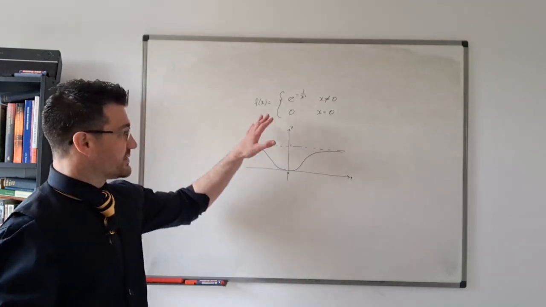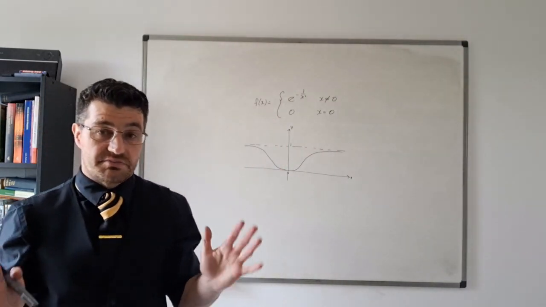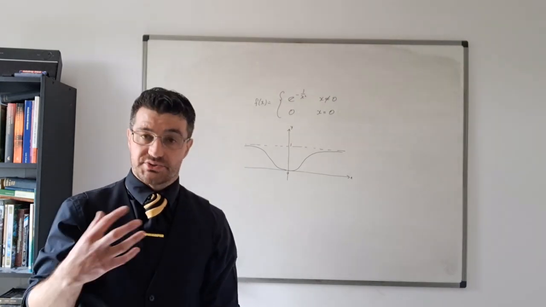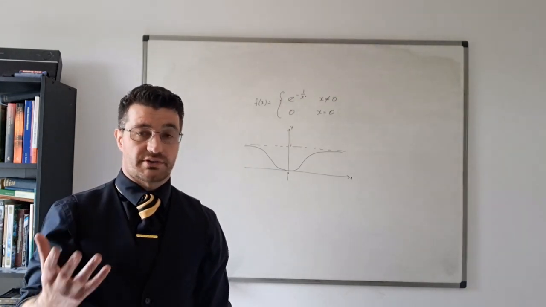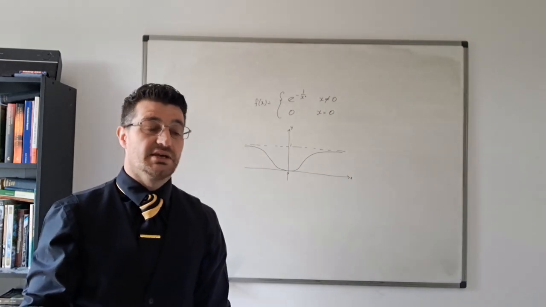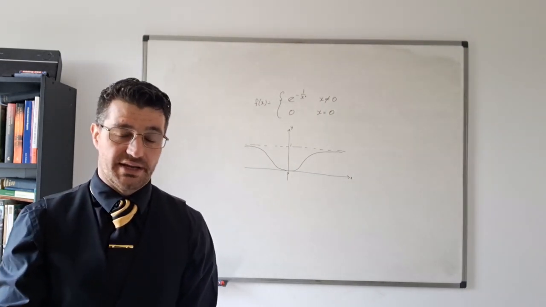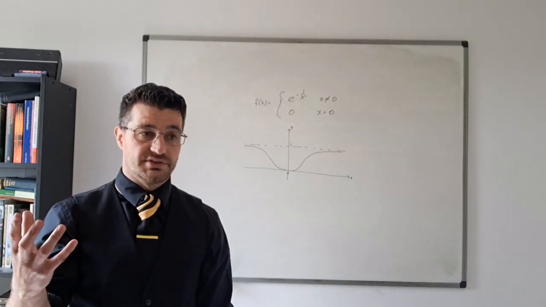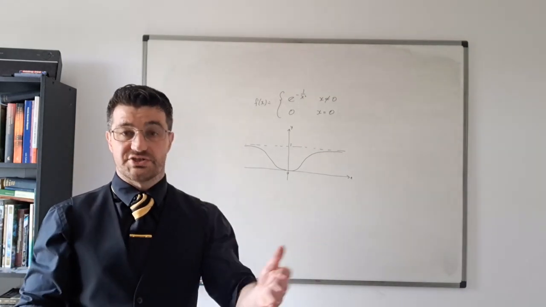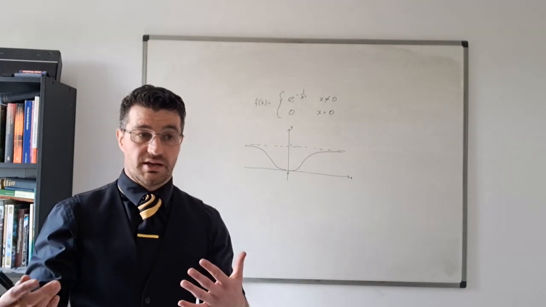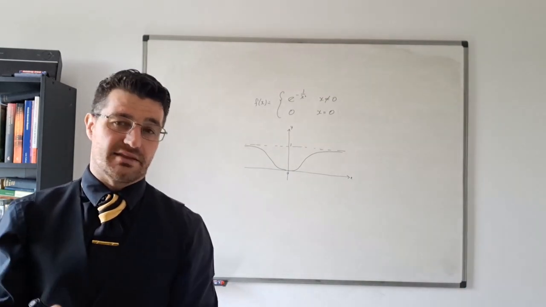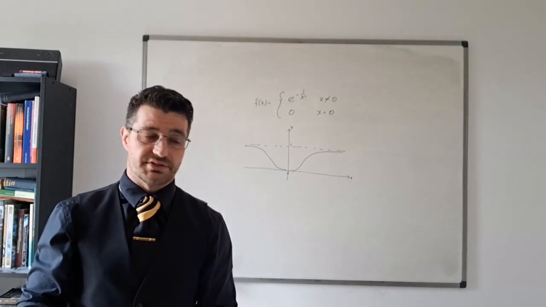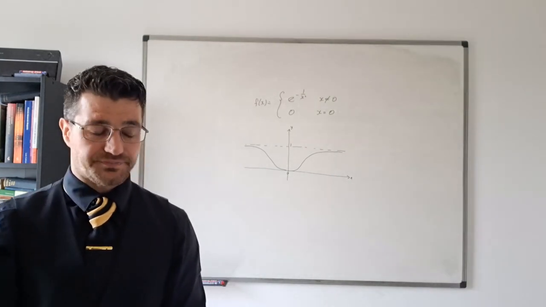I'm not sure that they would go so far as to give you something like this, but you never know. But there are such functions out there. And if you go on to undergraduate level maths at university, you'll come across all this kind of stuff. And it will just become normal for you to think about functions as being differentiable or not differentiable, rather than at A level, where you kind of get the idea that all functions are just differentiable and you can always differentiate functions. This is really not the case.